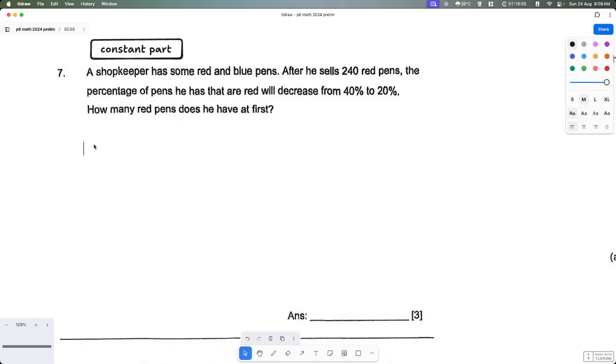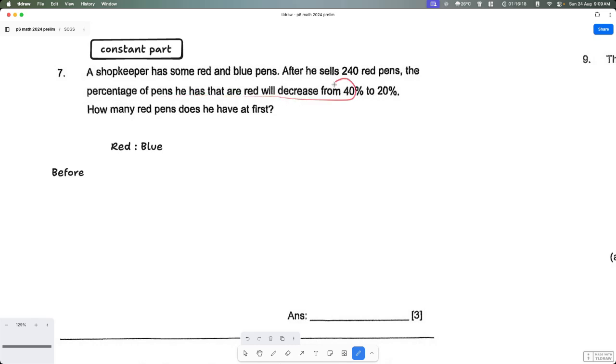So we will have red and blue in terms of percentages. Before, the percentage decreases from 40% to 20%, so the red is 40, and that means the blue is 60.